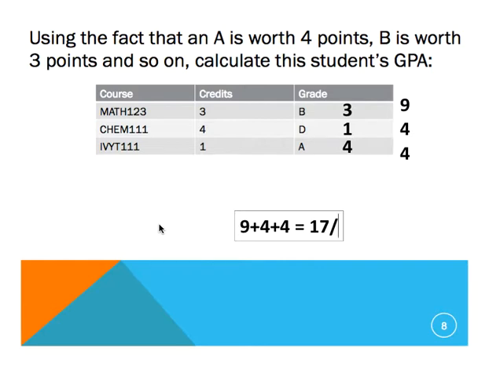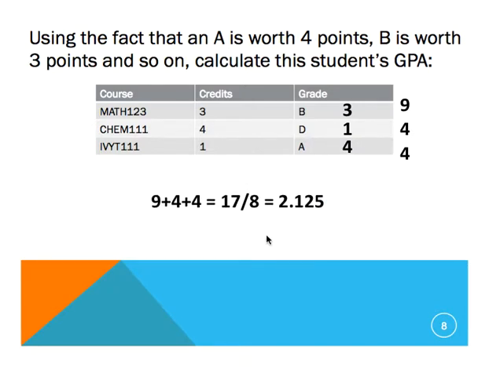If you take a look at the number of credits that they're taking, they actually have 8 credits because they have a 3 credit hour class, a 4 credit hour class, and a 1 credit hour class. So if we put those together, that ends up being 8. And if we divide those two things, I think we get a GPA of 2.125. So that would be our answer for this one. So again, it's multiply, add, and then divide by the total number of the weight.